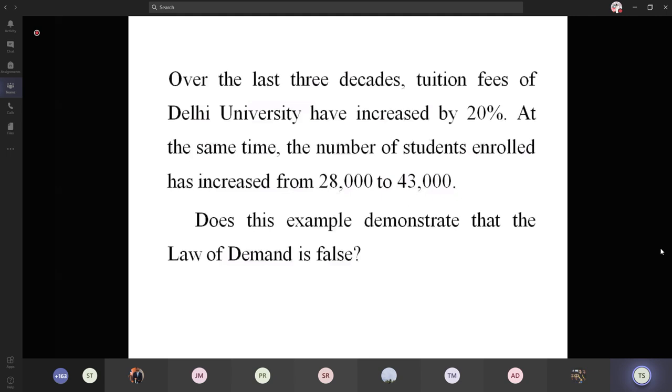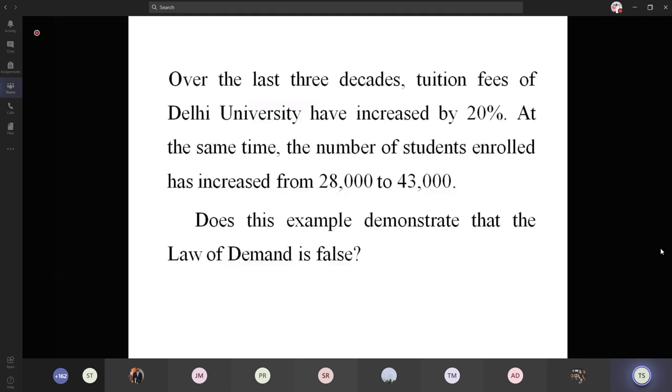Here also you have to determine the type of the commodity. Here education is the type of the commodity. So you have to decide whether the commodity is normal, necessity or luxury. Then only you can say whether it falls under the violation or the exception.